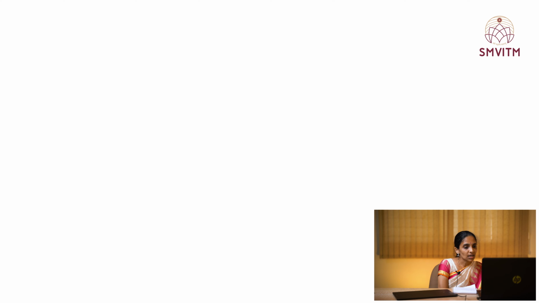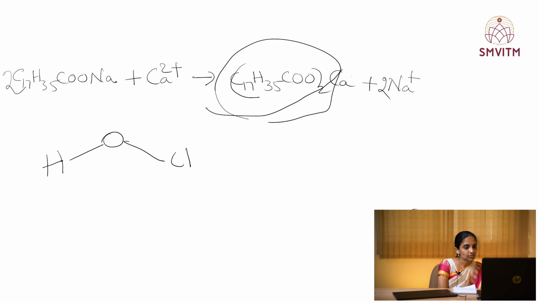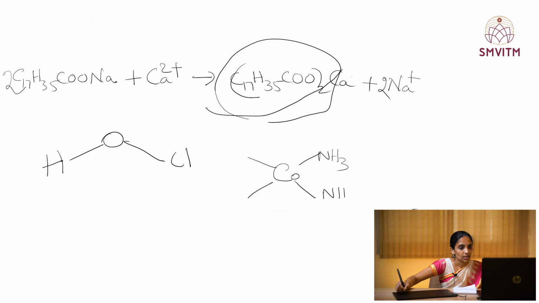Now let us write the isomeric structures. Cobalt in the middle, 4 amine ligands like this, and 2 chlorido ligands facing each other.